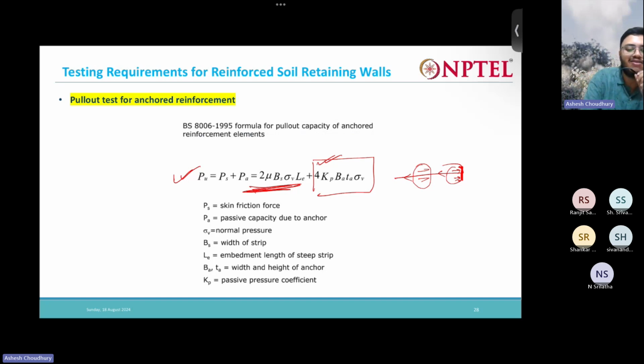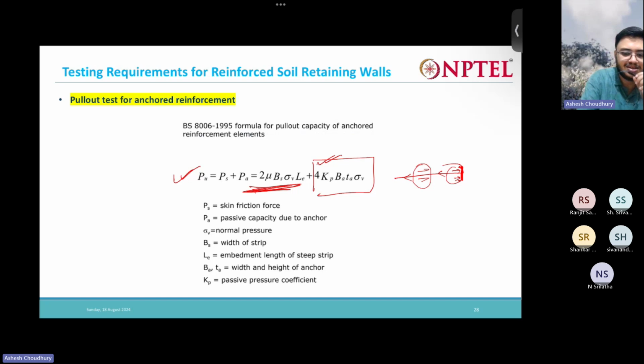What is the height of the reinforced earth wall in Pakyong Airport? Do you have any idea? No, but it is 110. Let me check. 80 meter, Pakyong Airport. Pakyong is 80. 80?